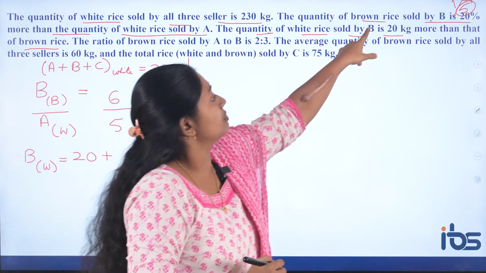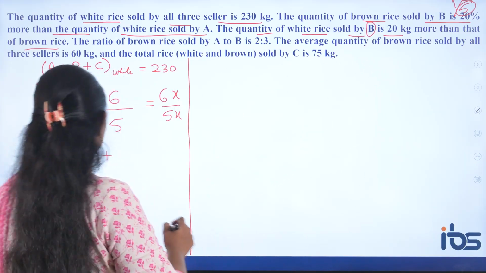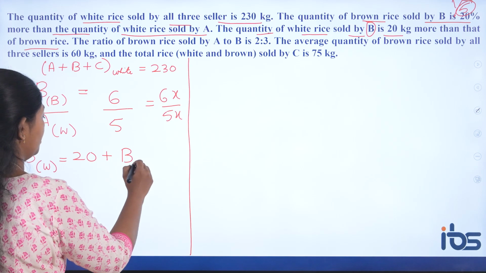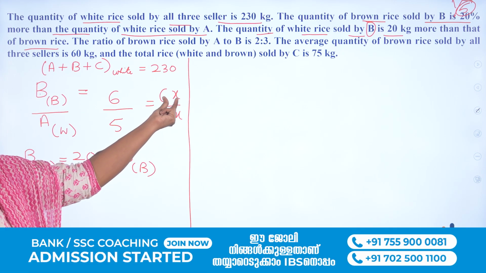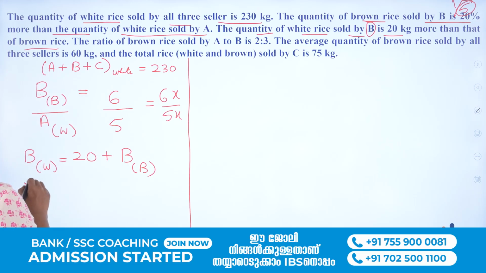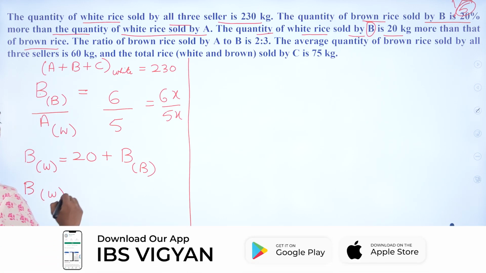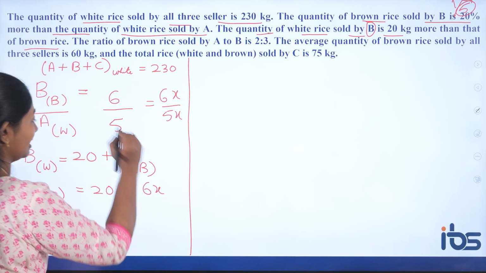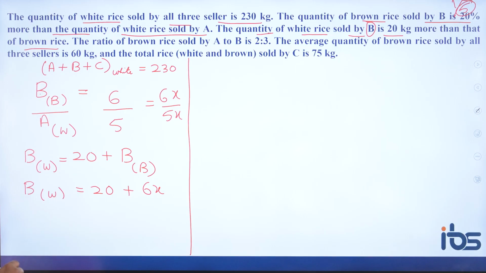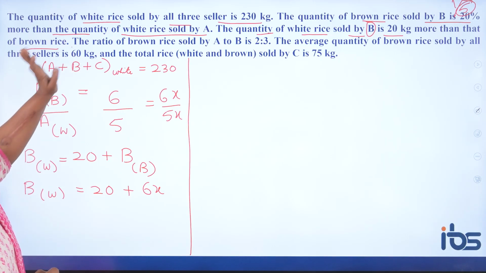They have not mentioned it, so it is brown rice sold by B. Already we know brown rice sold by B is 6x. So you can substitute that: white rice sold by B is 20 plus 6x. Up till here it's over.